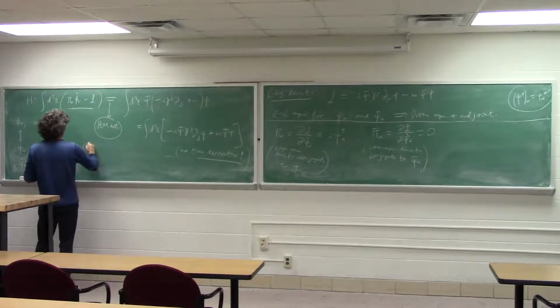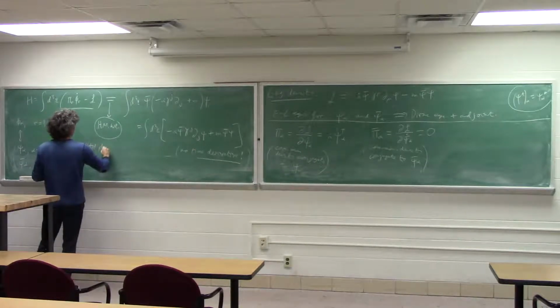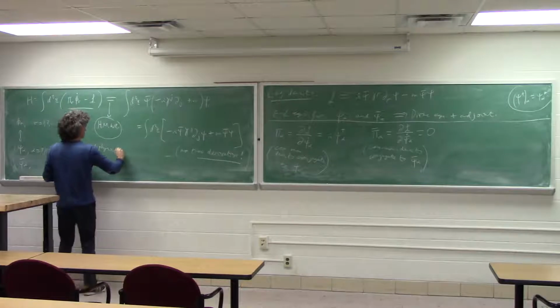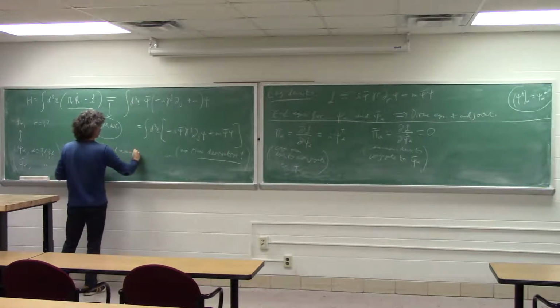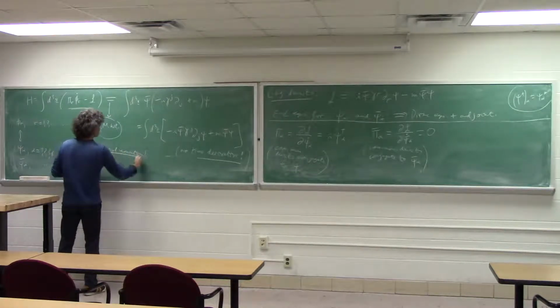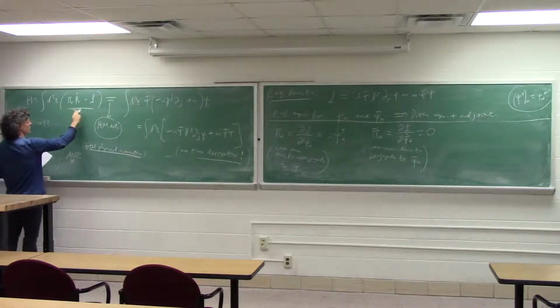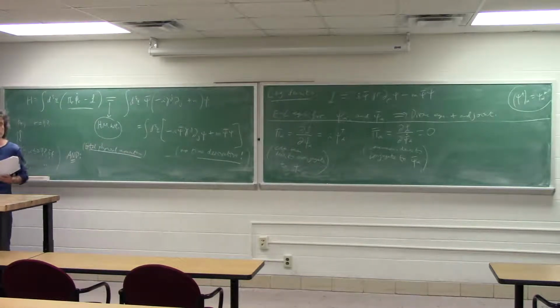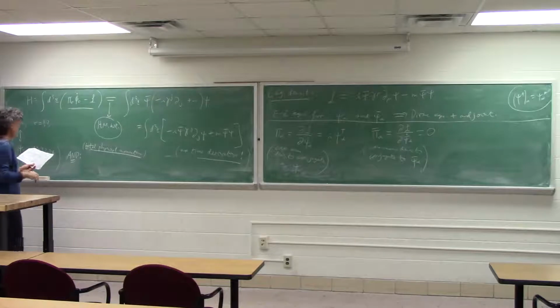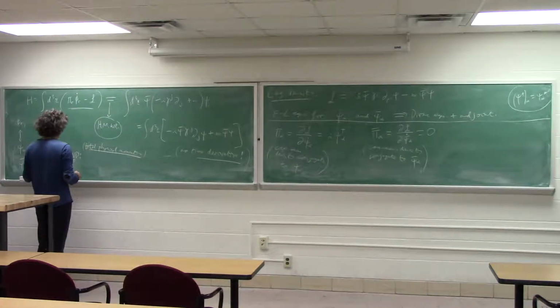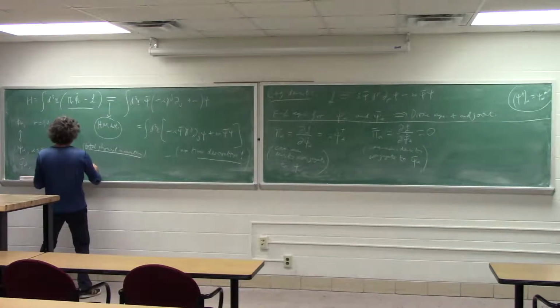physical momentum. So this is the general expression for the total energy. There's a general expression for the total physical momentum that comes from when we studied the Lagrangian field theory.